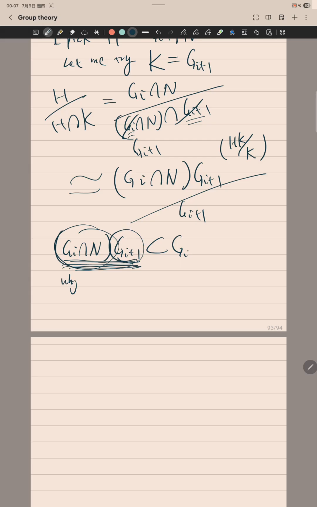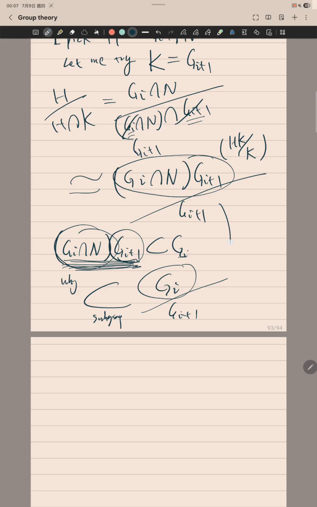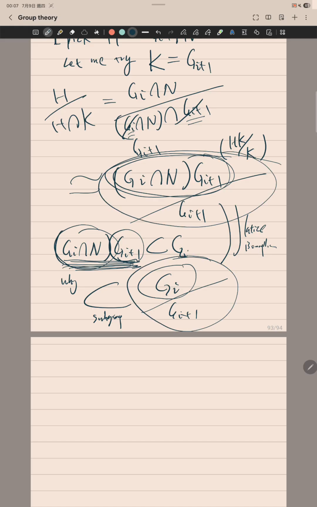Because G_{i+1} is a subgroup of G_i, and G_i ∩ N is also a subgroup of G_i. So this is definitely a subgroup of G_i divided by G_{i+1}, because now this is a subgroup of G_i. So basically here you need to use the lattice isomorphism theorem. So this whole group is a subgroup of G_i quotient G_{i+1}.